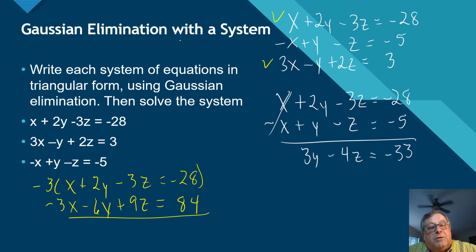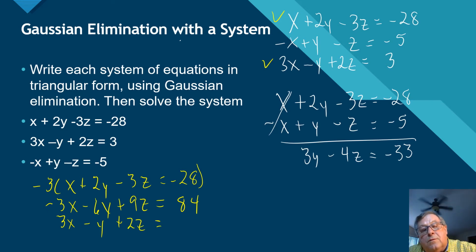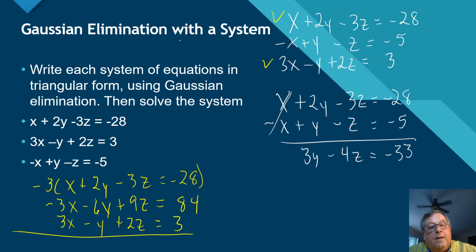And we're going to add those two together. Oh, excuse me, not yet. Then we're going to add it to the third equation, 3x minus y plus 2z equals 3. And let's add that. So the 3x and the negative 3x are going to cancel.